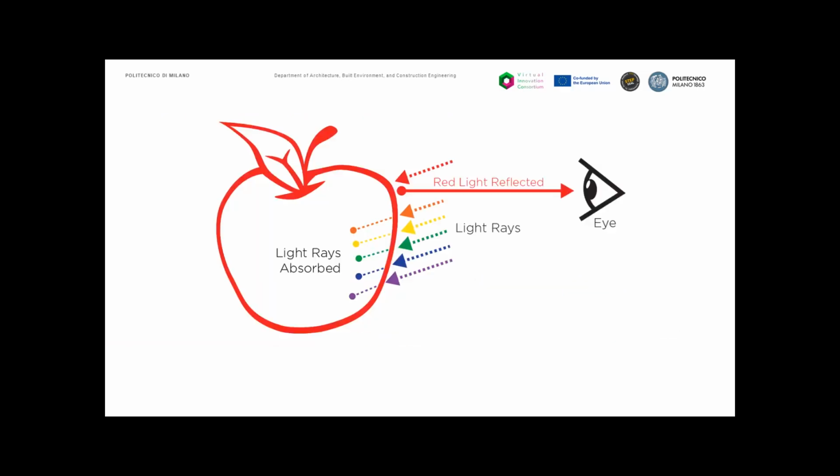So how does it work? This diagram shows the fundamental physical phenomenon underlying all material appearances. White light, which contains all the visible wavelengths, hits a red apple. The surface of the apple absorbs most wavelengths and reflects the red ones.